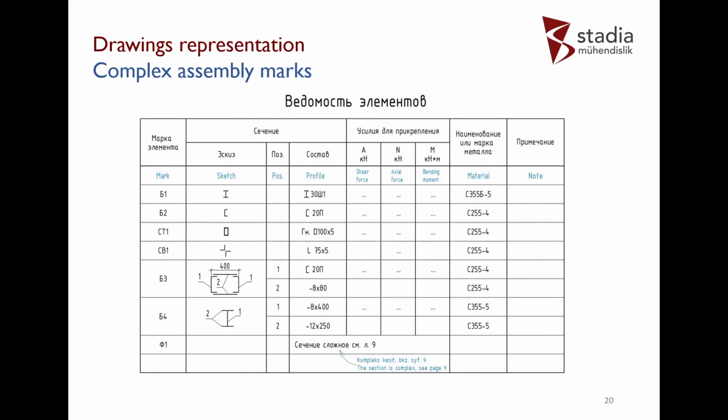Let's call them reactions, which should be considered when the KMD designer or KM designer starts to calculate the joint detail. For example, we have a B1 I-beam. I write here that the shear force will be 40 kilonewtons and the moment connection 5 kilonewton meters.